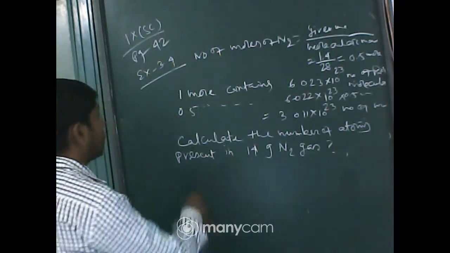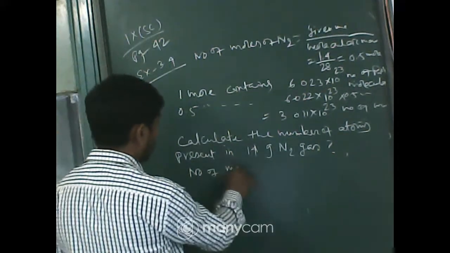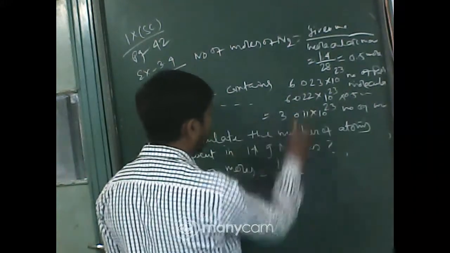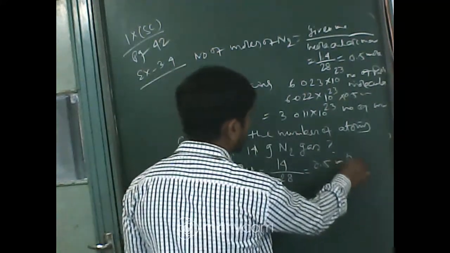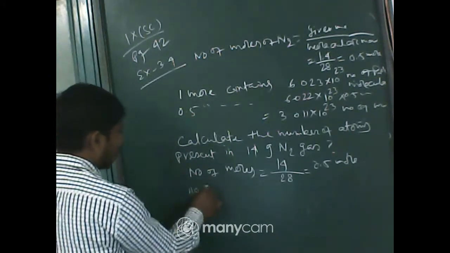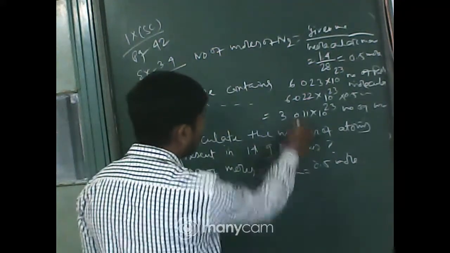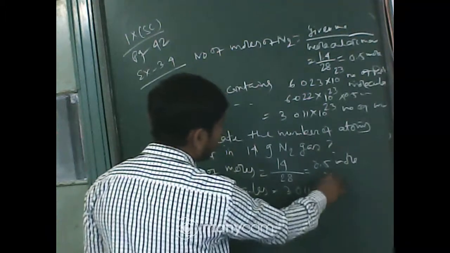So number of moles is equal to given mass by molecular mass, that is 14 by 28, that is 0.5 mole, just like the previous one. Then number of molecules, already done, equal to 3.011 into 10 to the power 23.